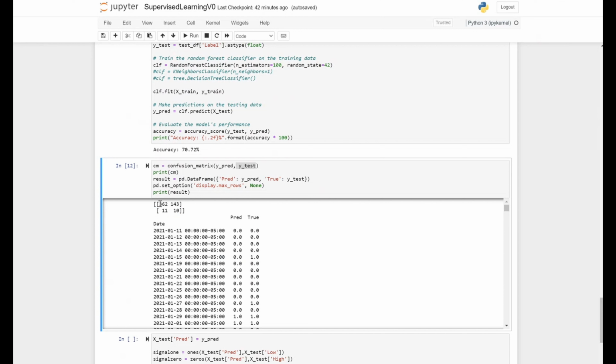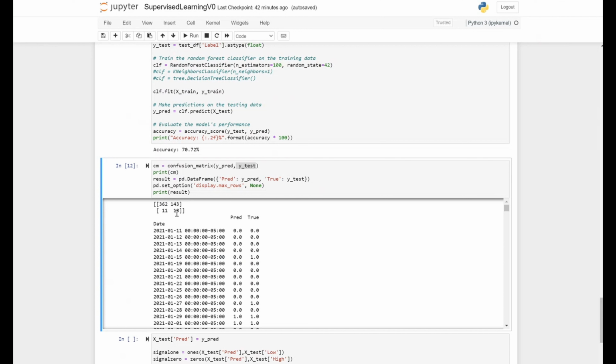How about the columns? The first column represents those records in the testing dataset with label value 0. So those are real 0s.